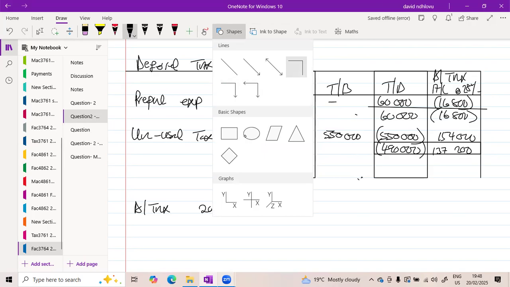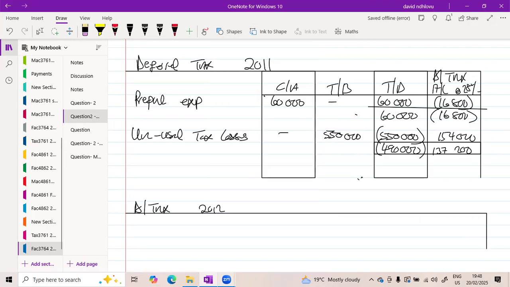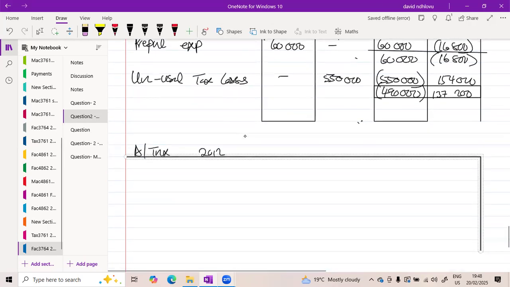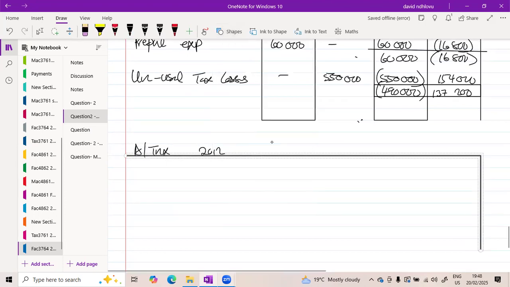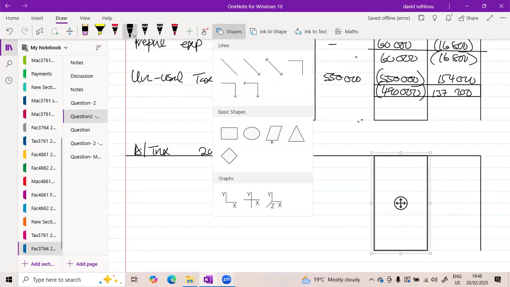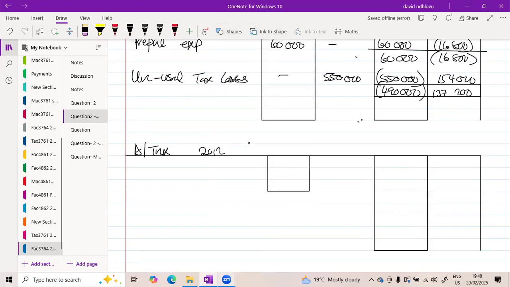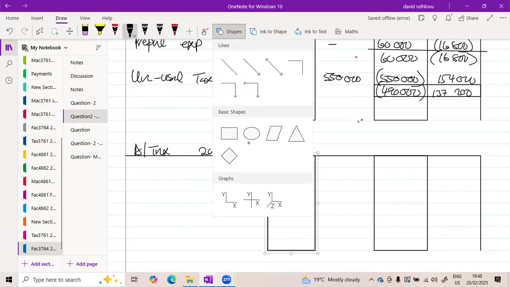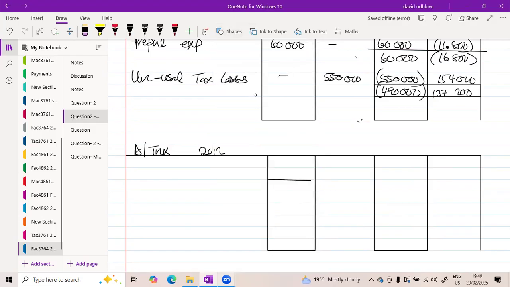So for 2012, there's going to be a slight change here. Carrying amount, tax base, temporary difference, deferred tax asset or liability at 28%.